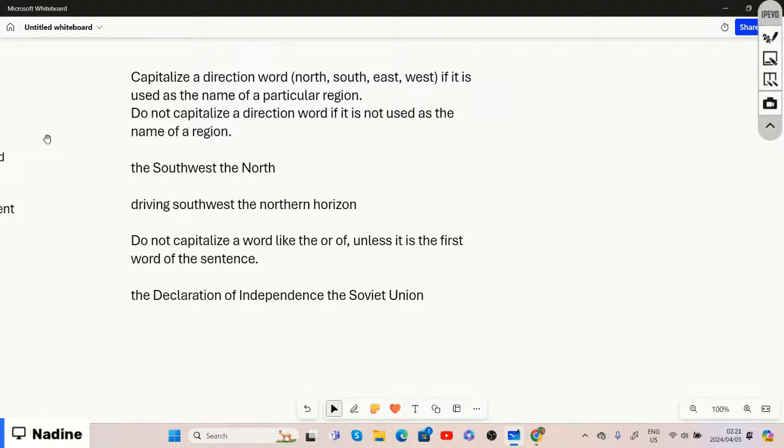For example, the Southwest or the North, right? Then we capitalize it. But if you just say go north, go west, go south, go east, then we do not capitalize it. So you only capitalize it when it is used as a particular region. But if you use it as a form of direction, go left, go north, go south, then it should not be capitalized.